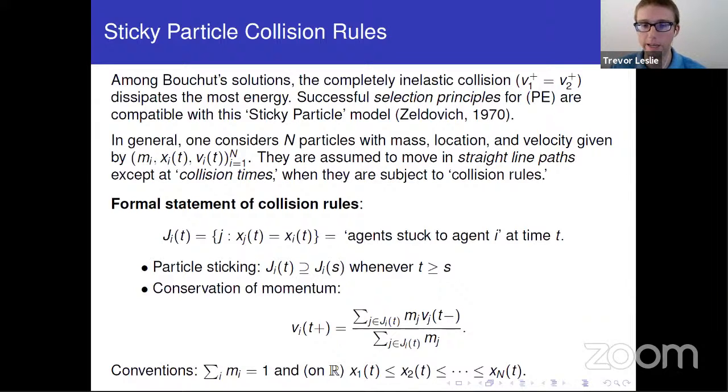It can only get larger. And the other criterion is we need collisions to conserve momentum. Just some conventions. I'll always set the total mass equal to 1 and take the particles to be indexed in increasing order from left to right.